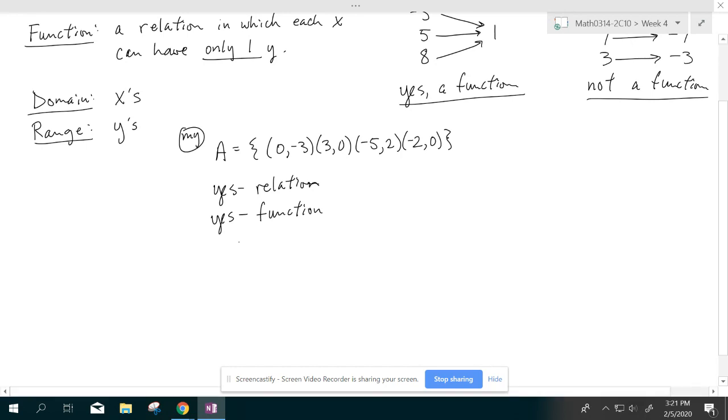Now, next question. I would like for you to write the domain of this function. What's the domain? I'm ready. 0.